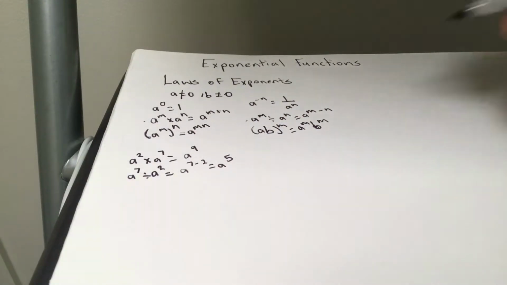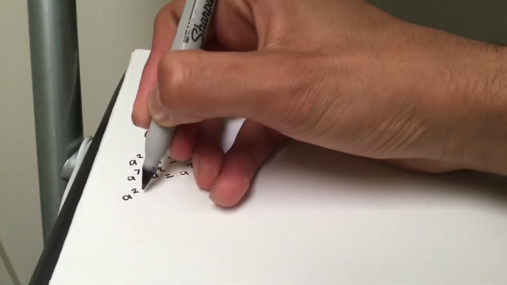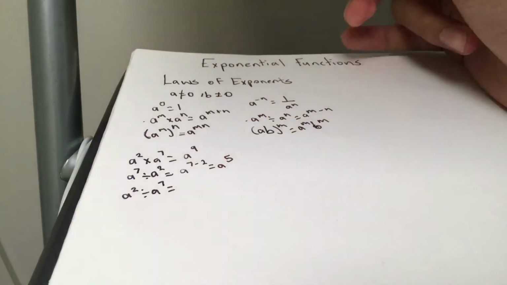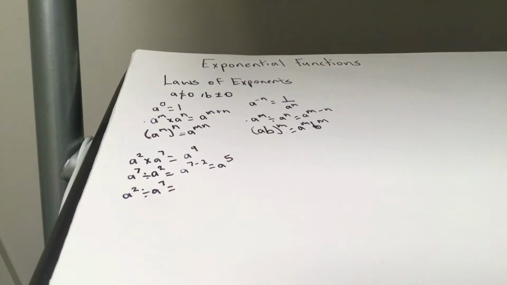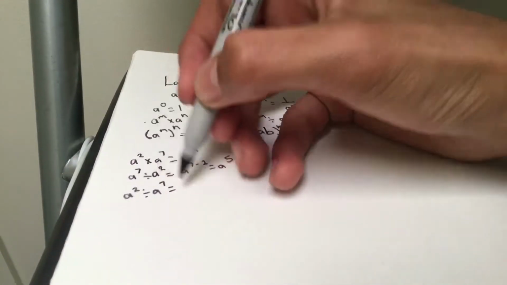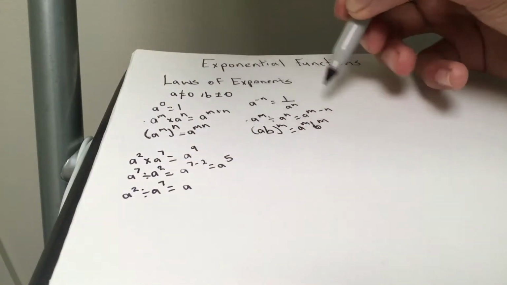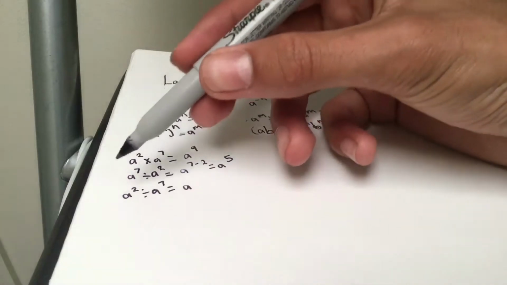Okay, so now let's do A to the power of 2 divided by A to the power of 7. Okay, so we're going to go A, and then we're going to follow this rule. So we're going to minus the exponents.